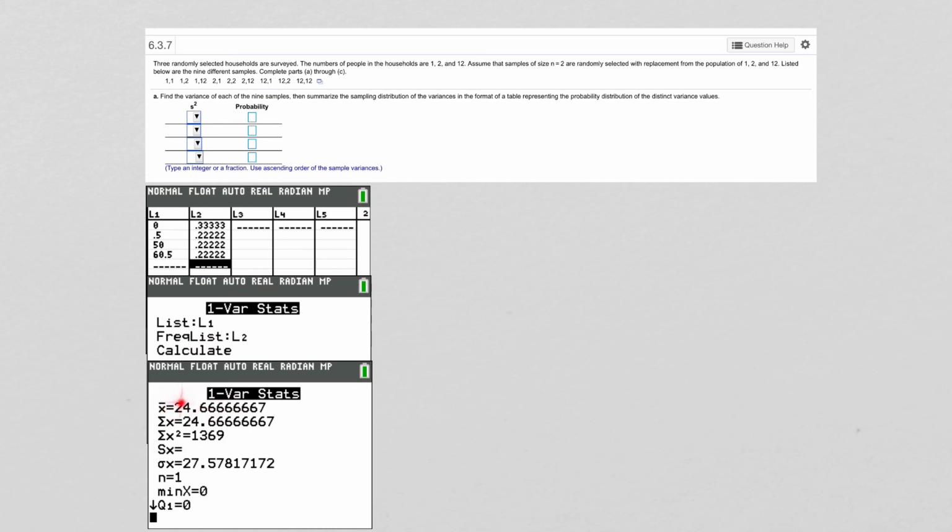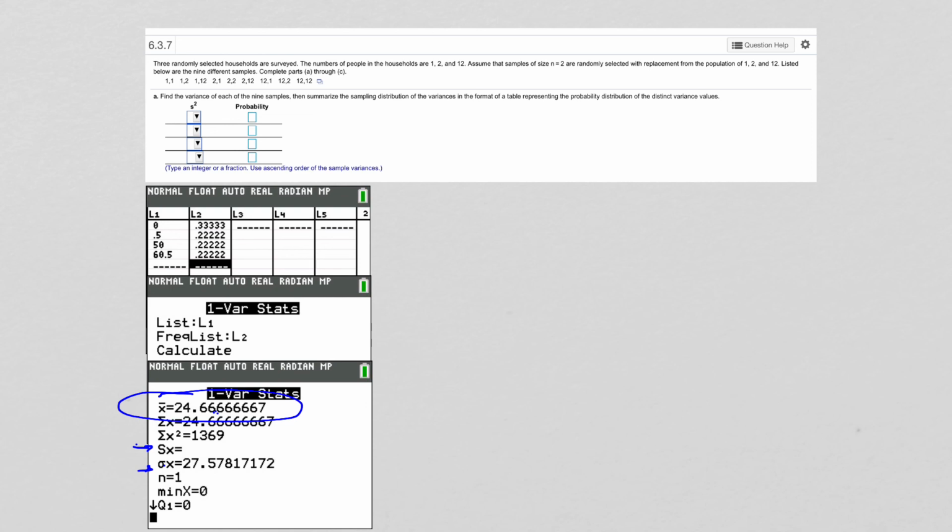So that's the 24.666 and so on. So this is what I'm looking for here, not the population standard deviation or the sample standard deviation, but the mean of the variances is what we're looking for there.